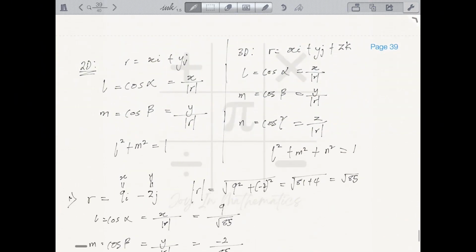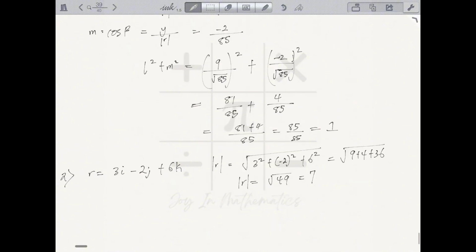According to our summary here, we can say that the direction cosine on the x-axis is cos alpha, which is equal to x over modulus of r, similar to the y-axis and z-axis. So let's implement that.